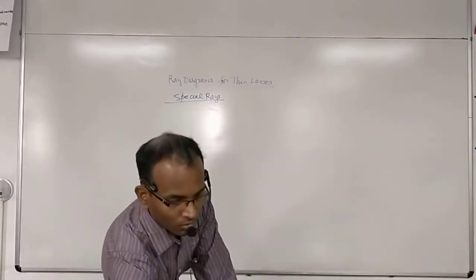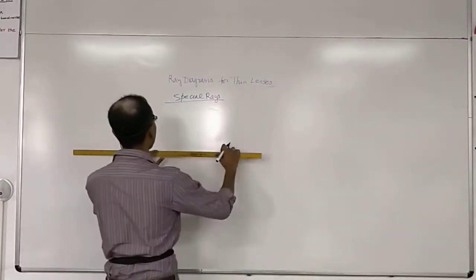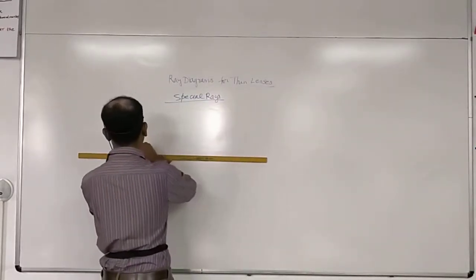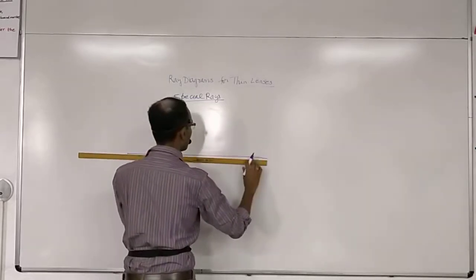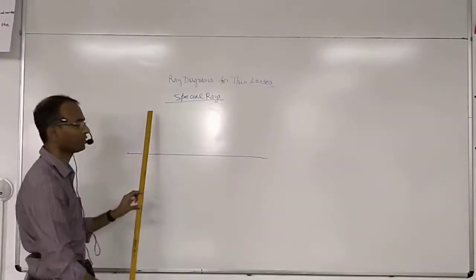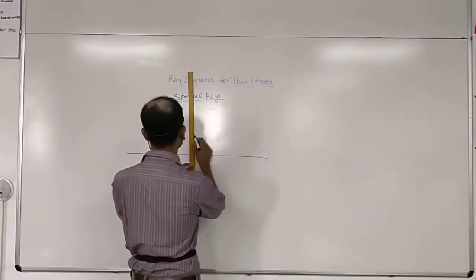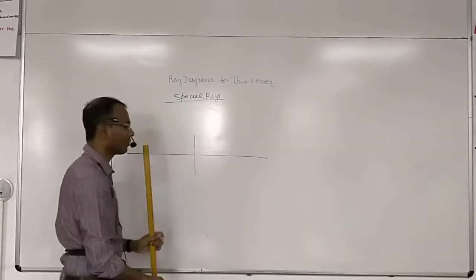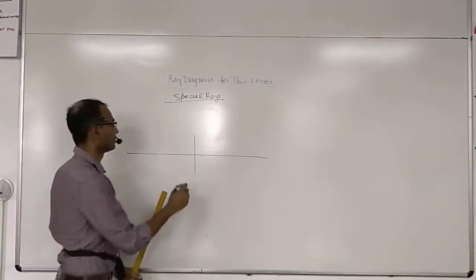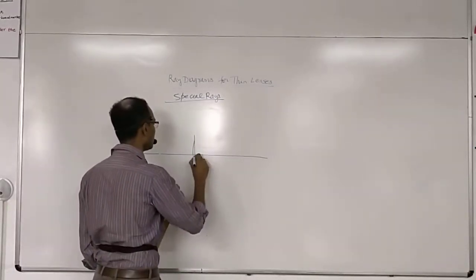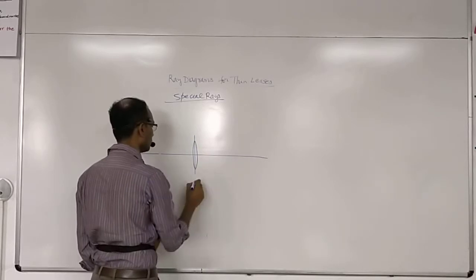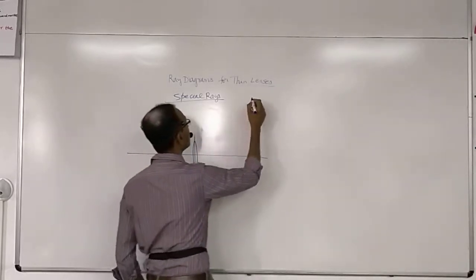So first draw the principal axis. Once you have drawn it, do along with me, otherwise you will not follow. Then draw a perpendicular to the principal axis and make a lens. So this is called a thin lens.